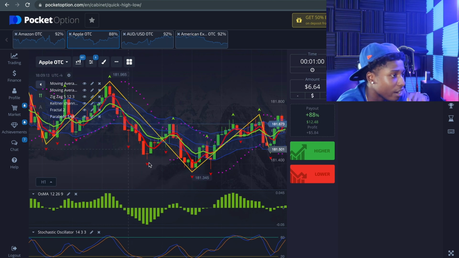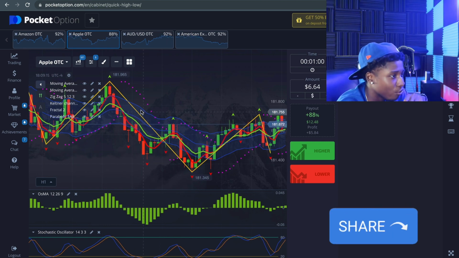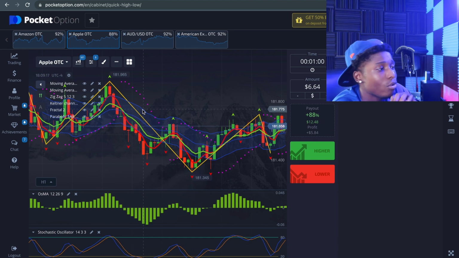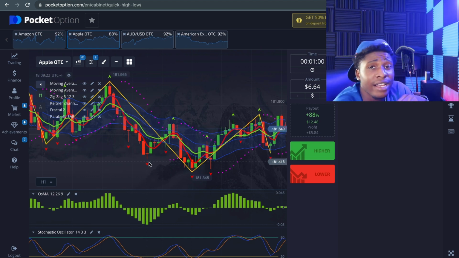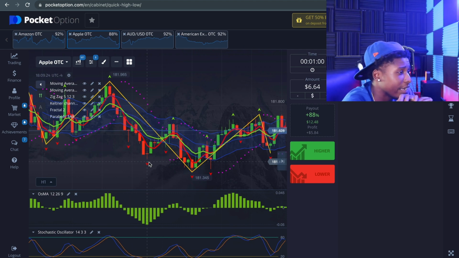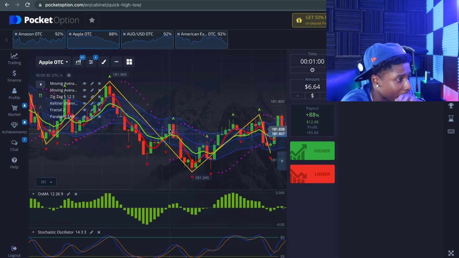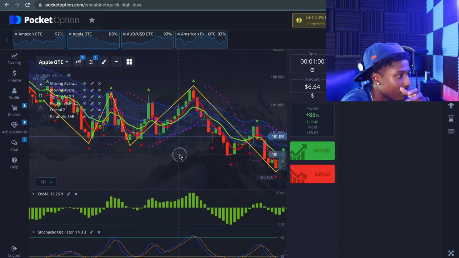In this case, we have 2 red fractals without having that green in between, okay? So when we have 2 back-to-back same color fractals, it means that the graph is going to go the other direction, all right? So we have 2 red fractals, my bad, guys, and the chart is going up, okay? It's going to go up. And then let's see if I can find you another example.